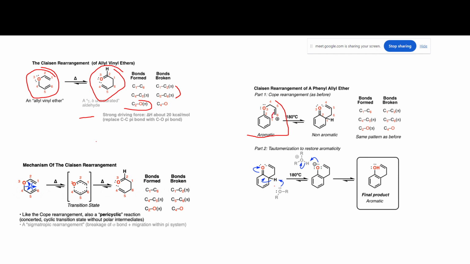This new bond will be formed, this becomes C double bond O and this bond will be broken. So ultimately you are getting a non-aromatic product, but this is not stable, so it will tautomerize to restore the aromaticity.